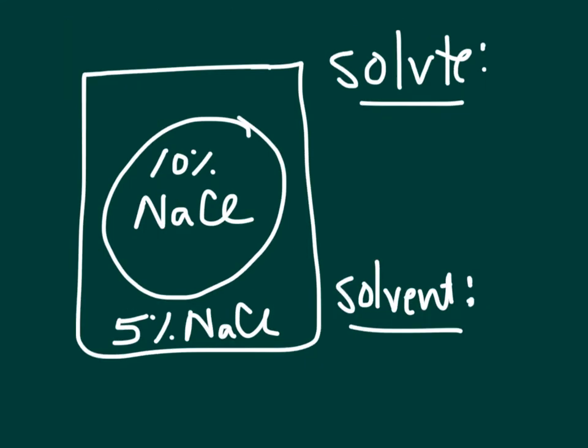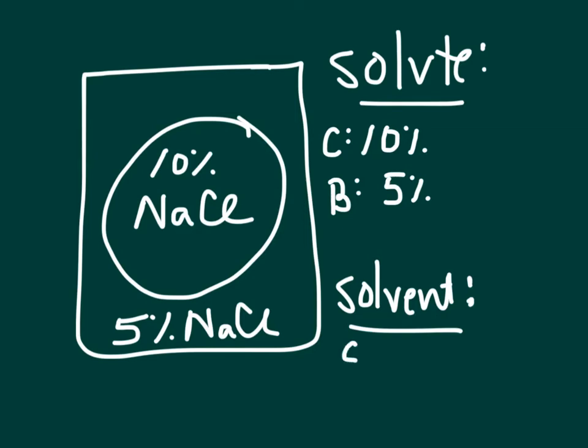In this situation, inside of the cell is 10% sodium chloride, and the beaker is 5% sodium chloride. But again, we can't have sodium chloride move across the membrane, so we need to take a look at water.